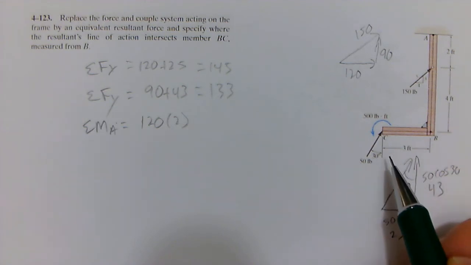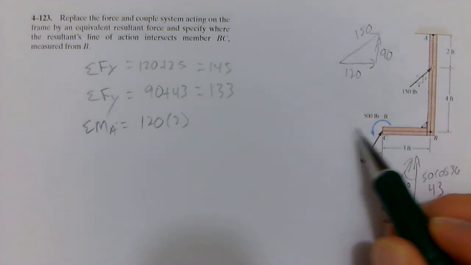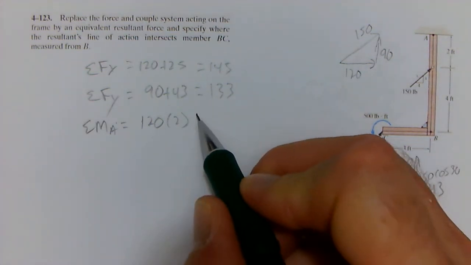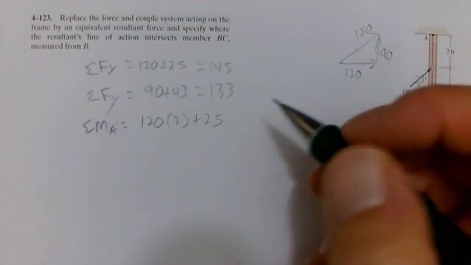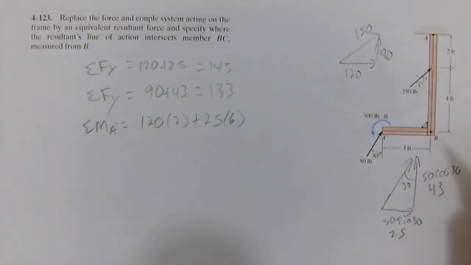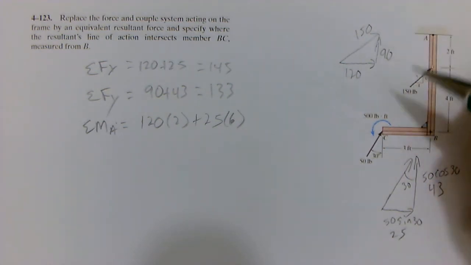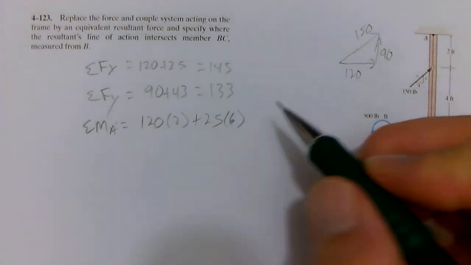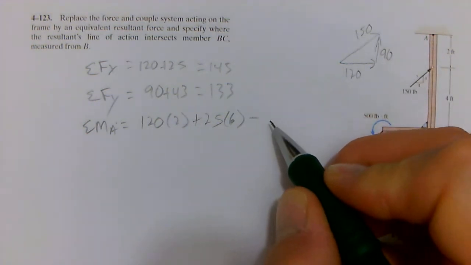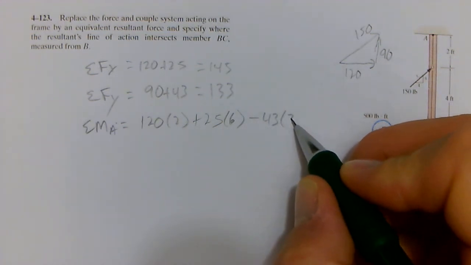And then this one we have the 25 and we have the 43. They both cause rotation. So 25 will cause rotation in positive direction, plus 25. So the 25 goes this way, and we have a moment arm of 6. And then the 43 causes a negative rotation that way. And so we're going to do minus 43 times 3.